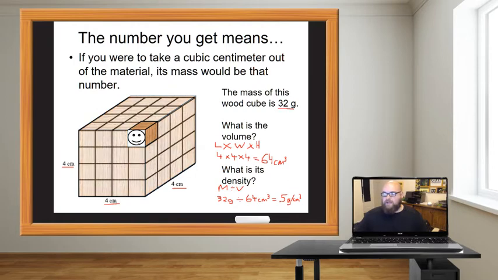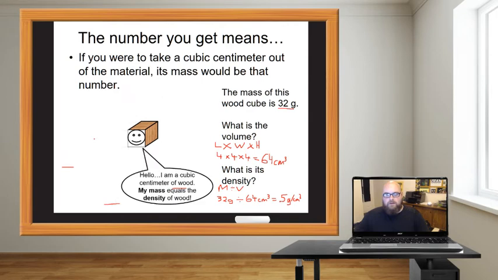Okay, so if we take the block and we break it down into cubic centimeter pieces, just like we see here on the screen, and then we only take one of those, this is our cubic centimeter of wood. Its mass is going to equal the density of the total piece of wood.